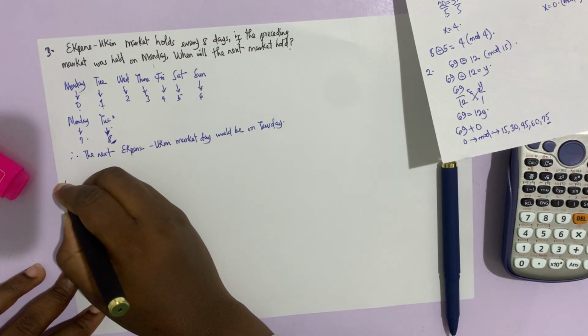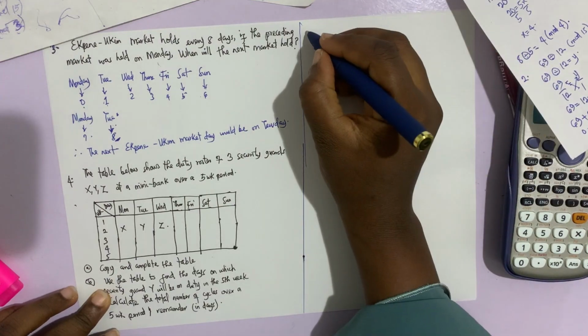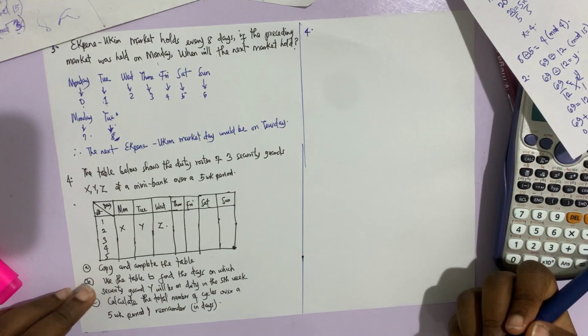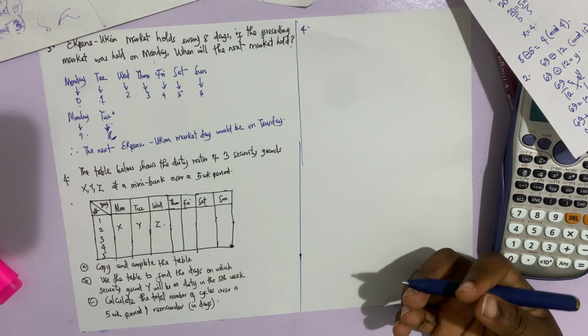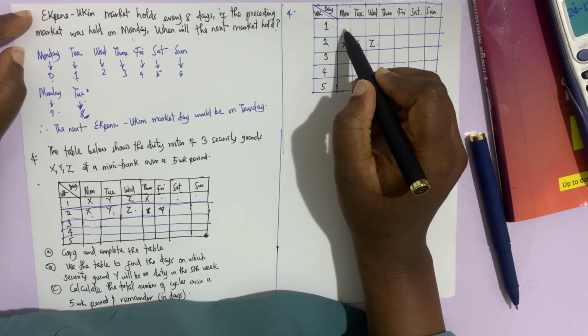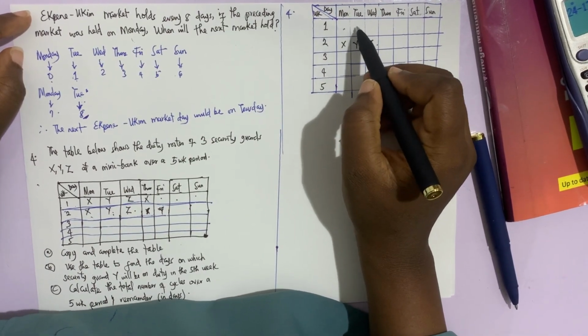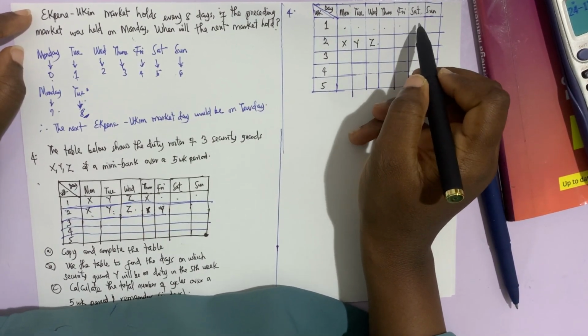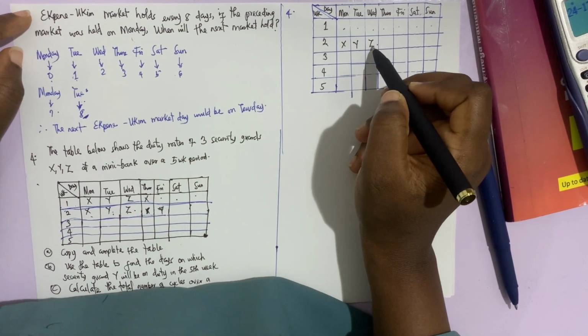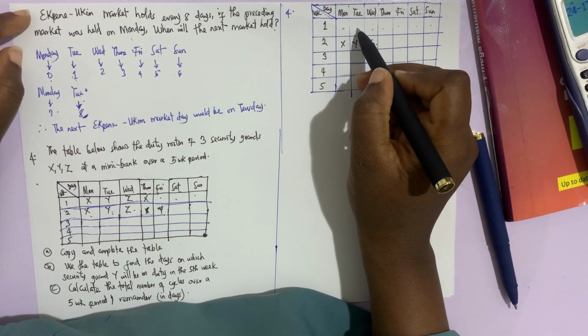So question 4. First, you want to fill the table. You can redraw the table. See that if we start from the Monday, X, Y, Z, X, Y, Z, X, it won't be complete. So we have to start from Tuesday.